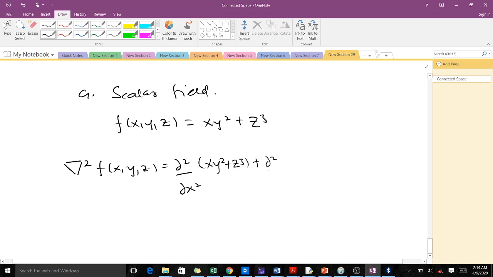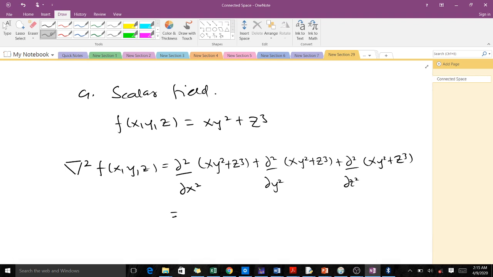We also have this, and we also have this. When you do this differentiation twice, you are going to end up with 2y. Sorry, when you do this first, you're going to get just y squared plus z cubed.